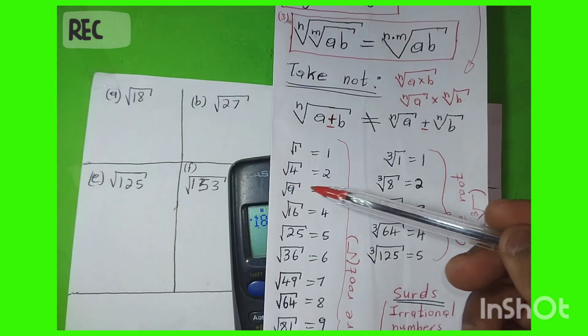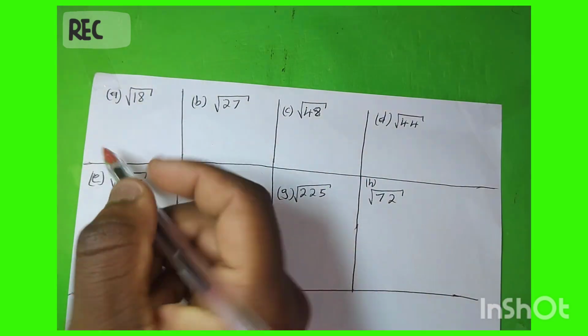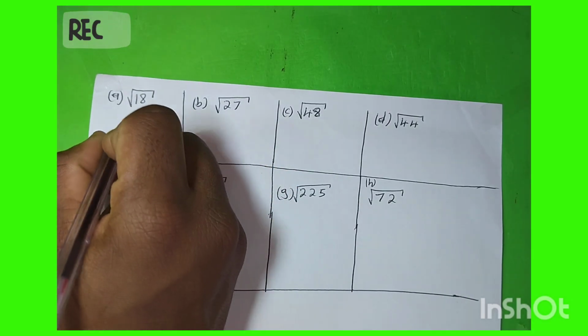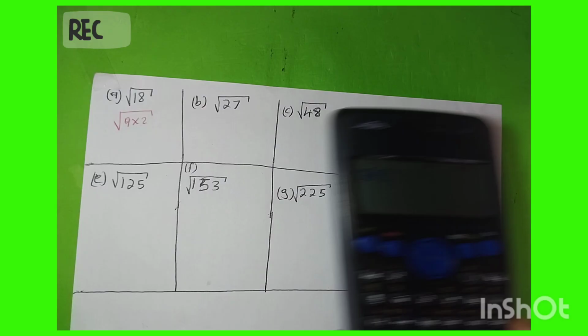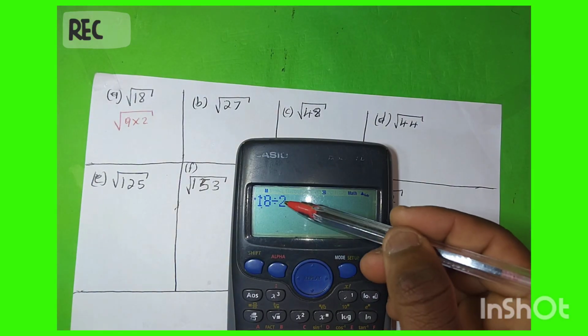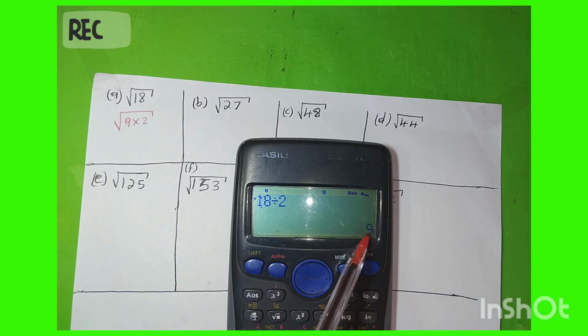The square root of 9 you'll get 3. So it simply says that I can write this in the form of 9 times 2, because I know that 9 and 2, when I multiply them, give me 18. That's how I get that 9, I just divide by 2.